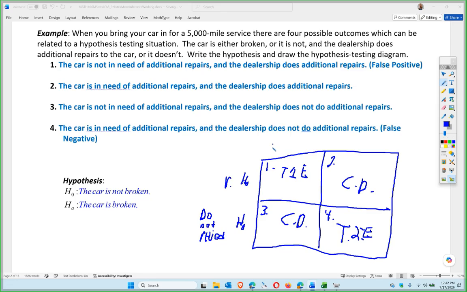Okay, so either the null hypothesis is true, or the null hypothesis is false, right? So basically, if you're rejecting it, that means you're going to fix it, and if you do not reject, that means you do not fix.